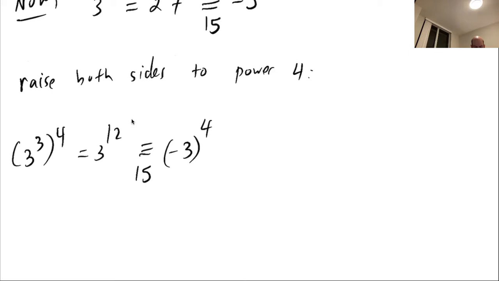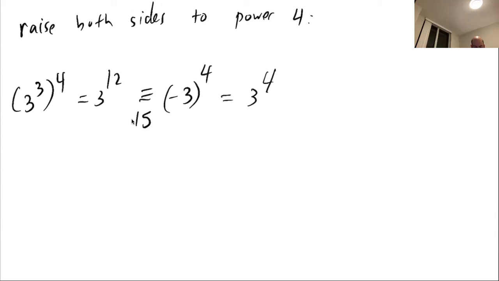As you can see here, this is 3 to power 12. Can multiply both sides by 3 to power 2. Then I get 3 to power 14 congruent to 3 to power 6.